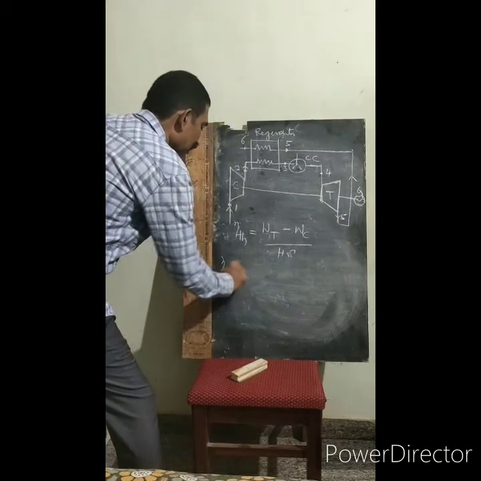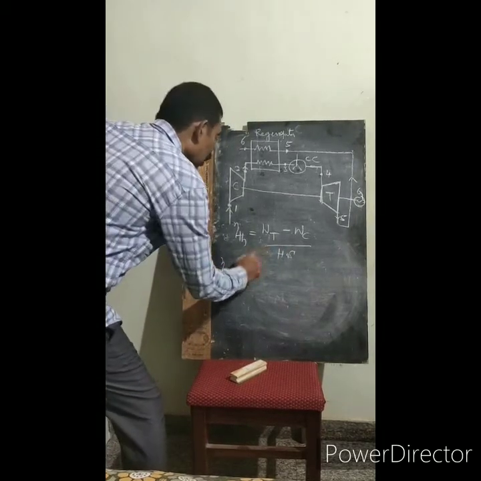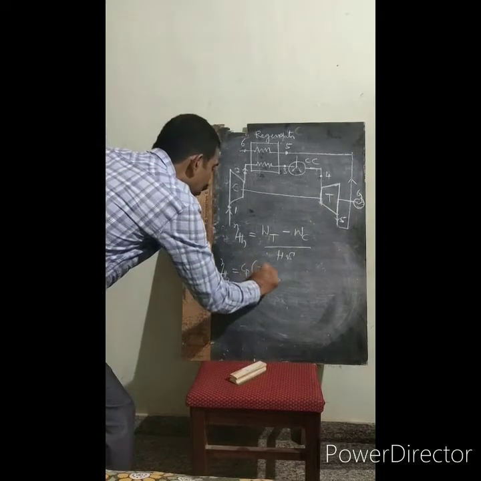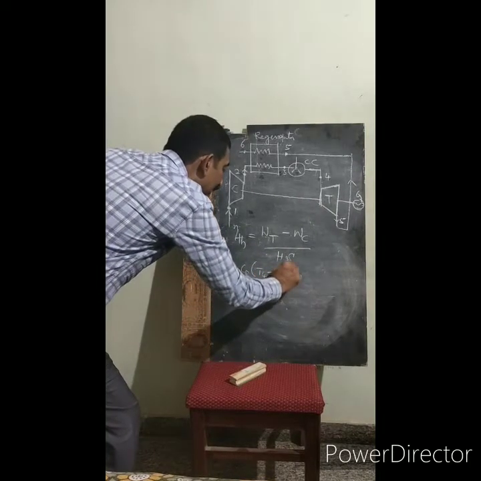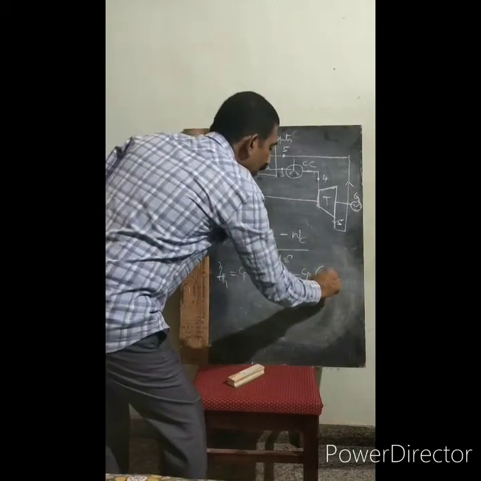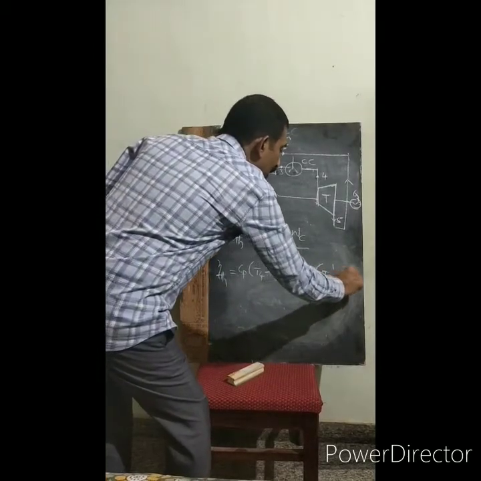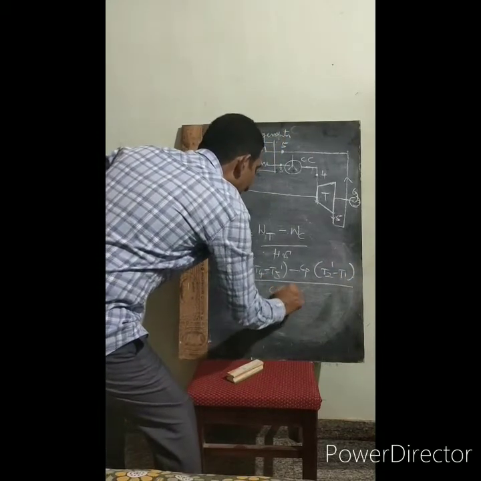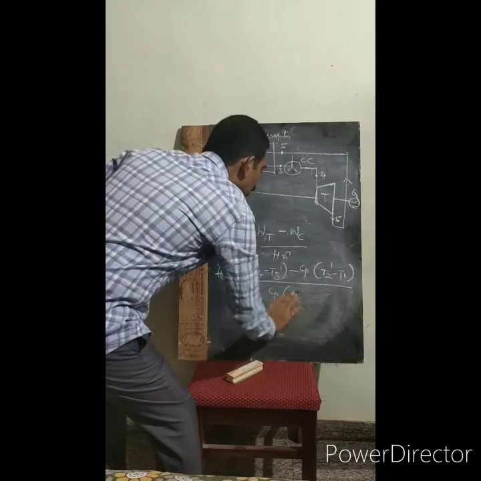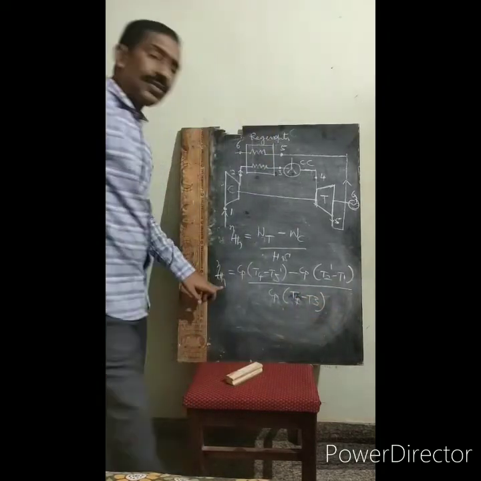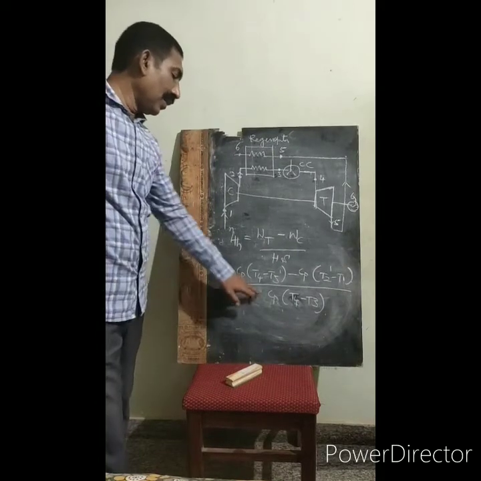So thermal efficiency is equal to turbine work, which is Cp into (T4 minus T5 dash), minus compressor work, which is nothing but Cp into (T2 dash minus T1), divided by heat supplied, Cp into (T4 minus T3). So this is the thermal efficiency equation.